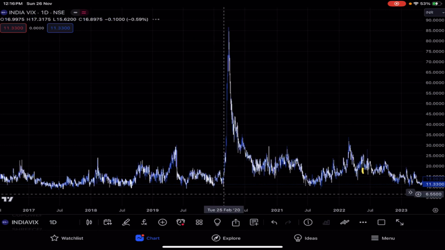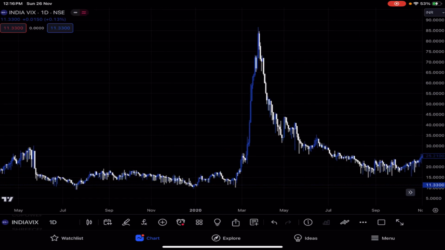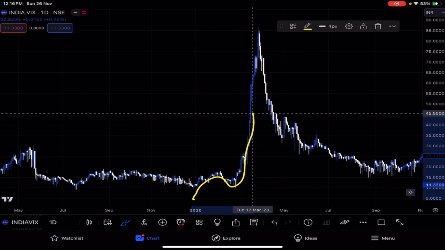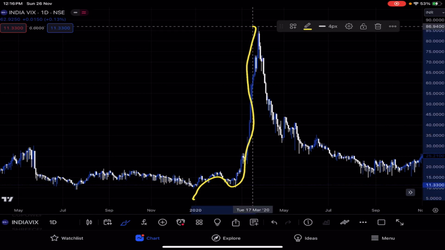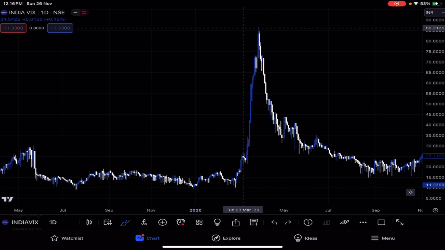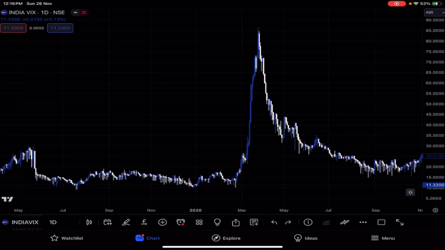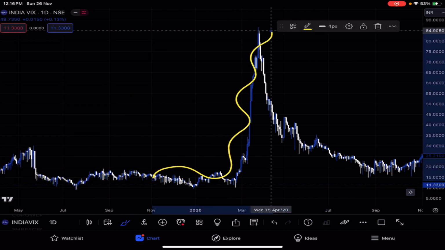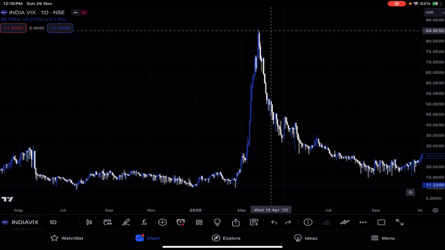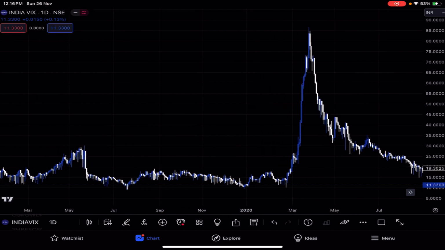If you look at this particular area over here, March 2020, the India VIX was this high. That is showing you the volatility in the market, and why the volatility or anxiousness in the market was this high during 2020. Obviously because of the lockdown and the COVID-19 pandemic, due to which the India VIX rose.